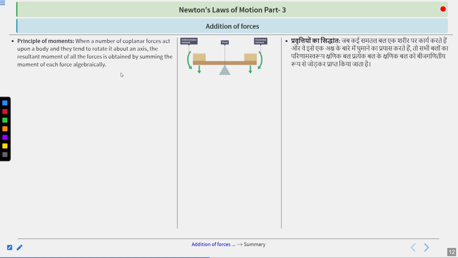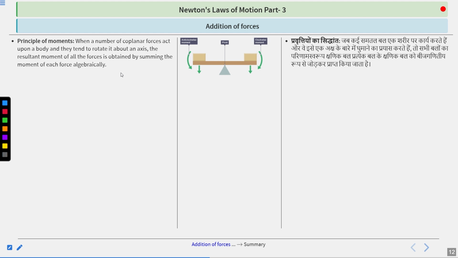Now, what is the principle of moments? Basically, when a number of coplanar forces act upon a body and they tend to rotate it about an axis, the resultant moment of all the forces is obtained by summing the moment of each force algebraically.